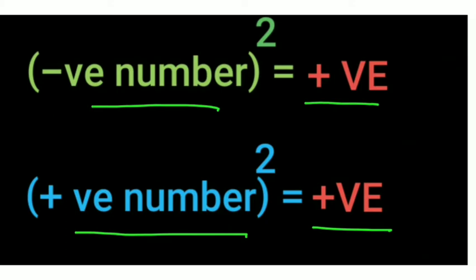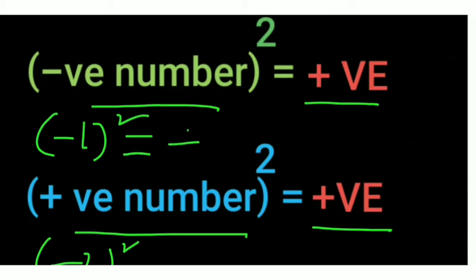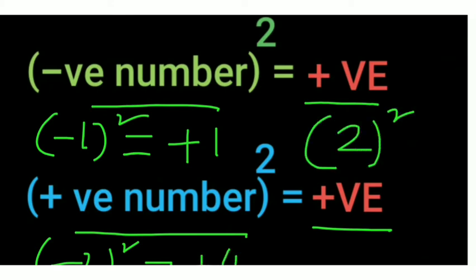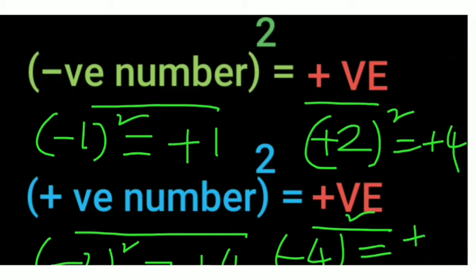If we do minus 1 squared, minus 1 squared means plus 1 only. Minus 2 squared means plus 4 only. Plus 2 squared means plus 4 only. Minus 4 squared, so we always get a positive value only.